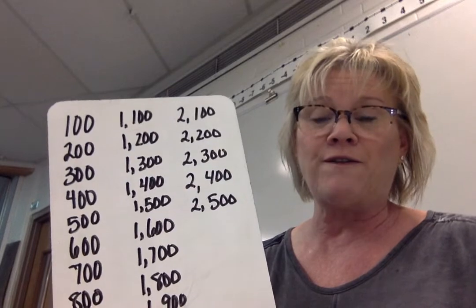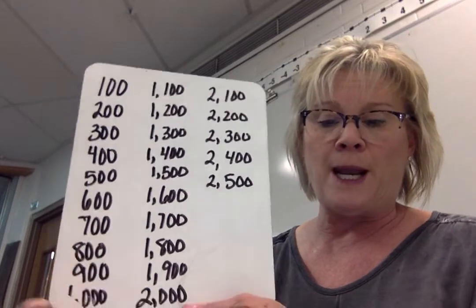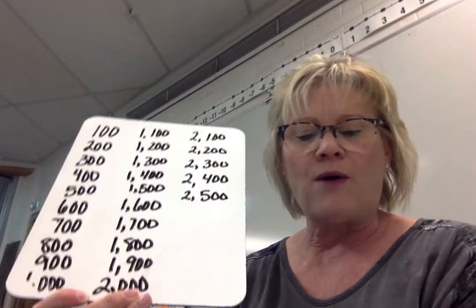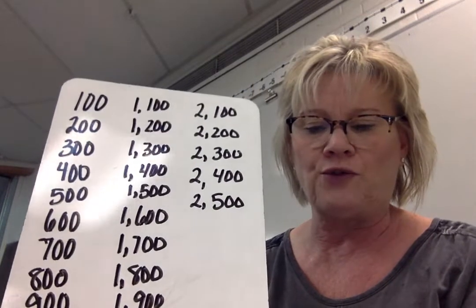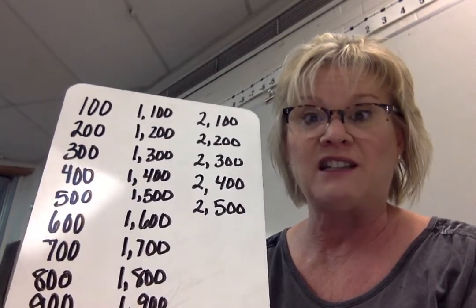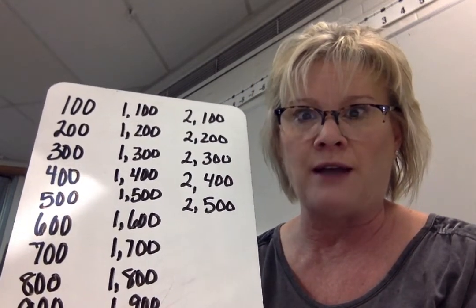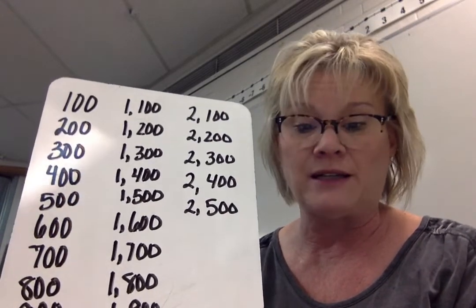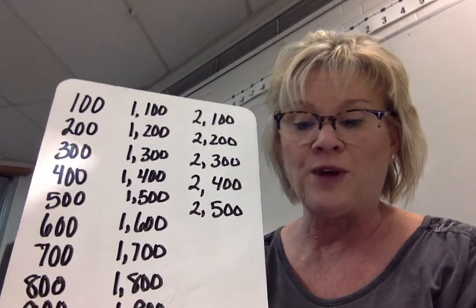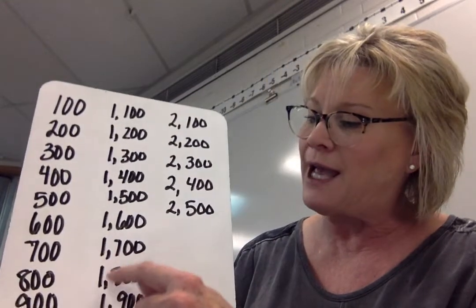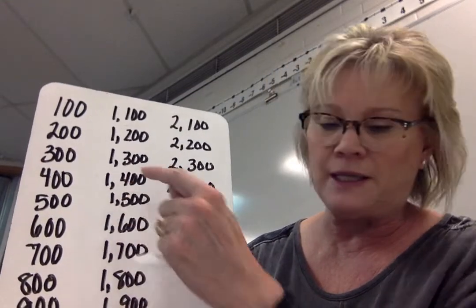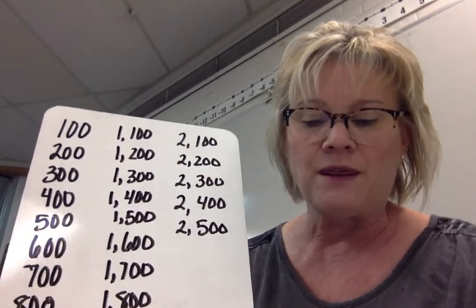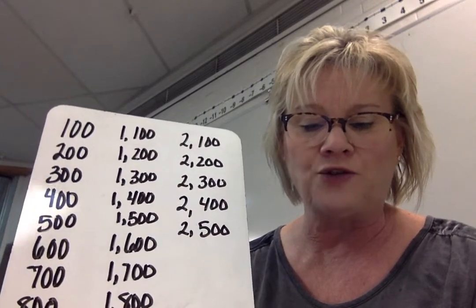We said 25 numbers in 1 minute. Now, how many more numbers do you think I would have to write to get to 9,900? Wow, that would be a lot. When we write numbers with thousands, notice how I use a comma to separate the thousands from the hundreds.